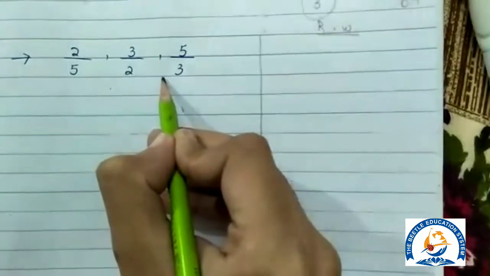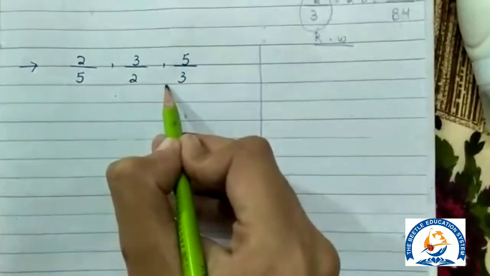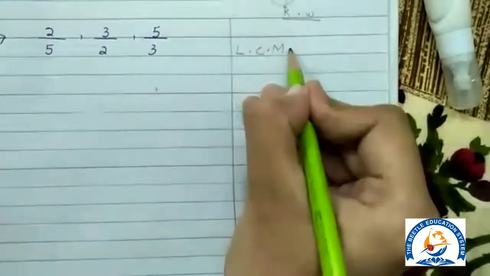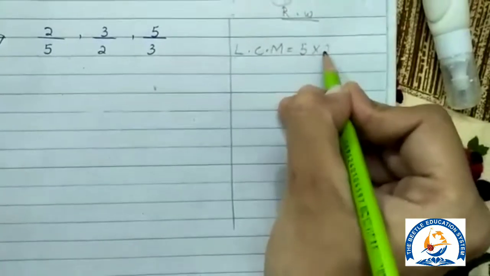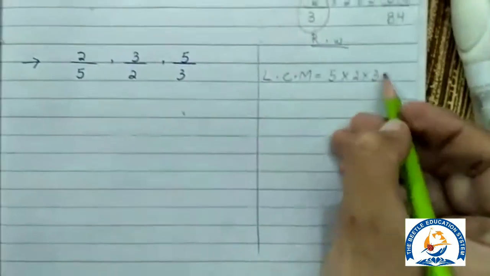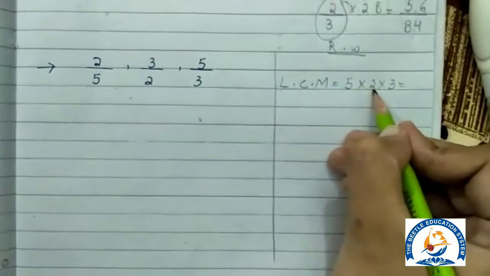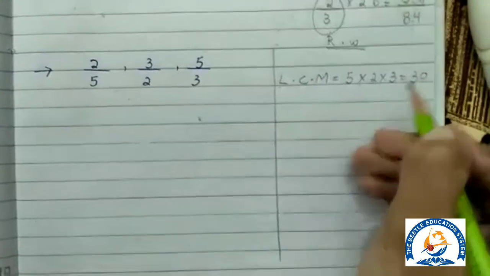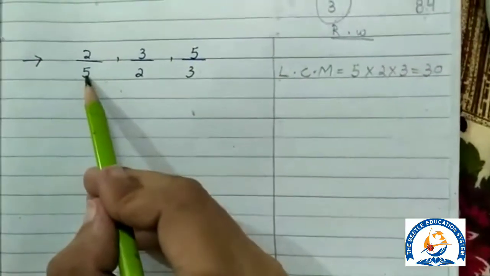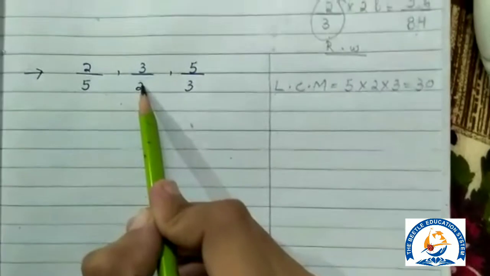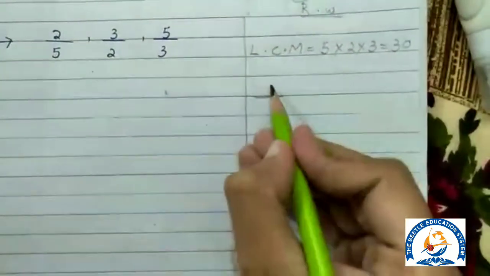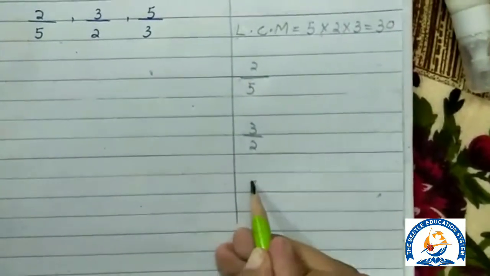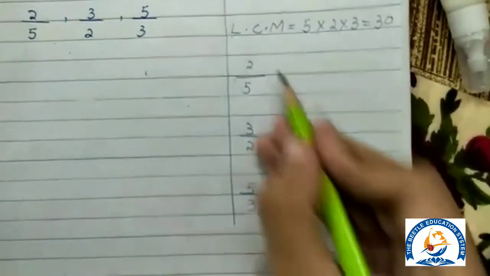These numbers cannot be divided or cut by the same table, so we will simply multiply them to get their LCM. 5, 2, 3. 5 two times is 10 and 10 three times is 30. It means the LCM is 30, and we have to multiply all these fractions to get 30 in their denominator. 2 upon 5, the second fraction is 3 upon 2, and the third fraction is 5 upon 3.